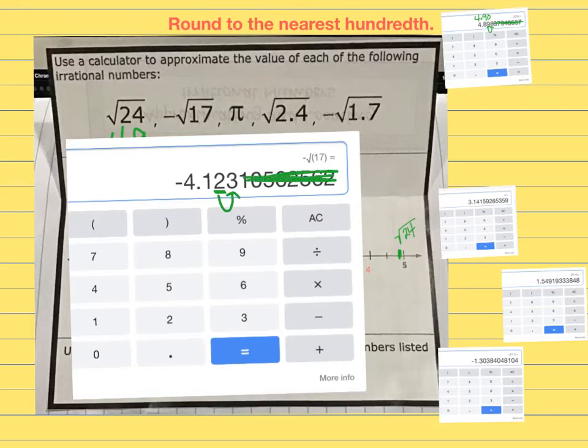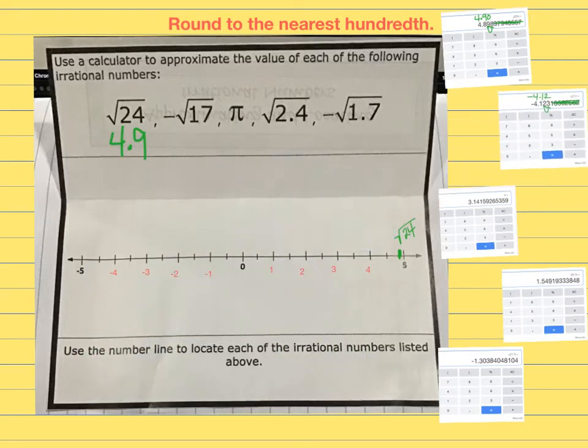This is just a 3, so the 2 would stay the same. This would be negative 4.12. I'll put that underneath, and that's going to be closest to 4, so I can put negative square root of 17 right here.